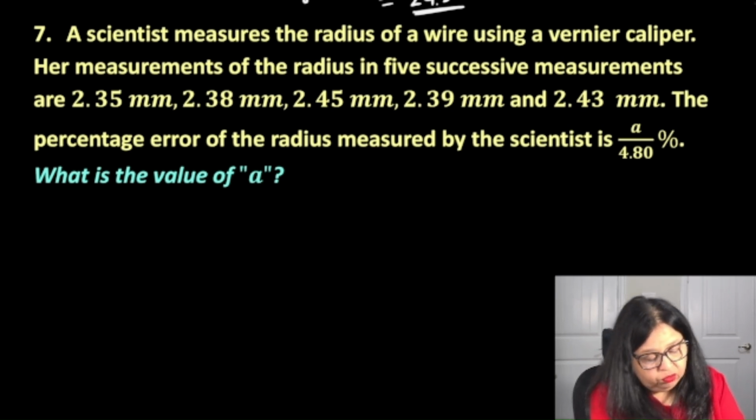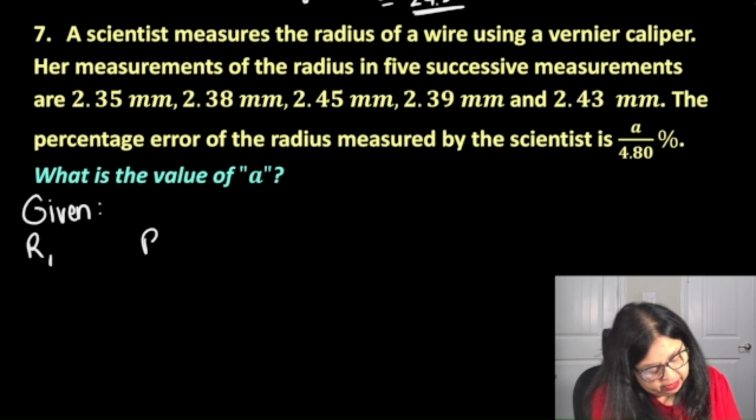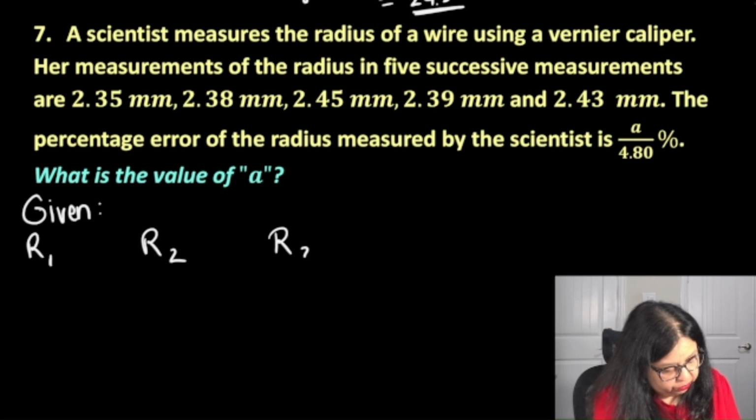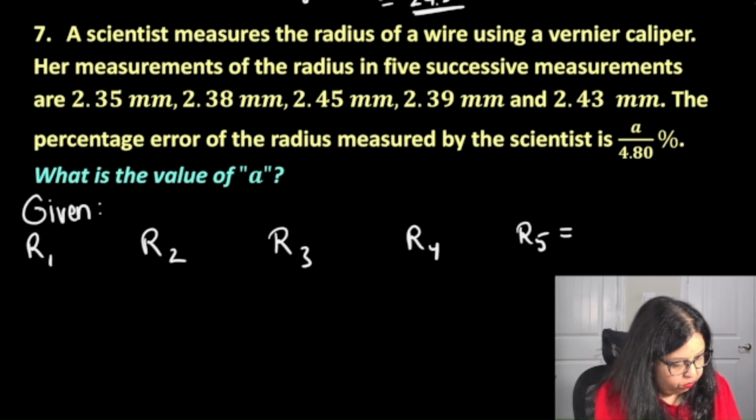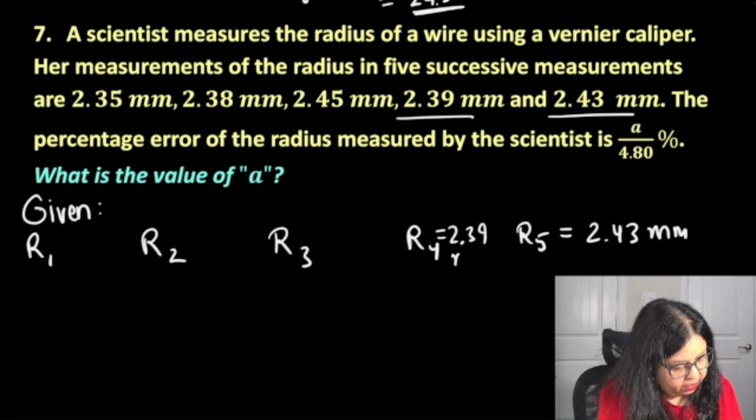Okay, let's write down what's given to us. We're given the 5 values of radius: R1, R2, R3, R4, and R5. R5 is 2.43 millimeter. R4 is 2.39 millimeter.